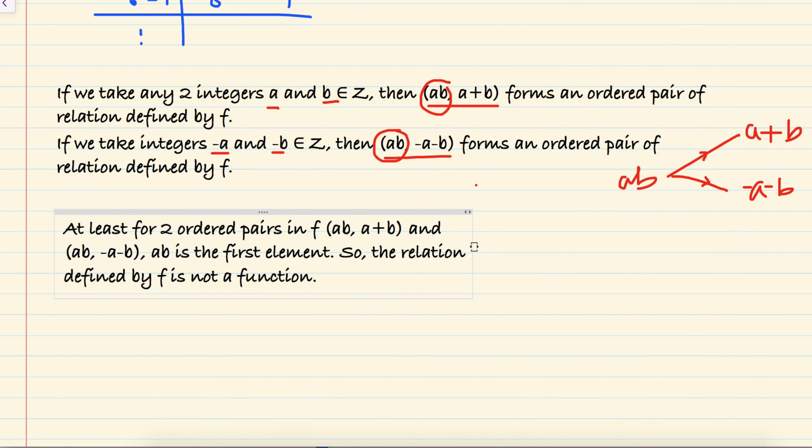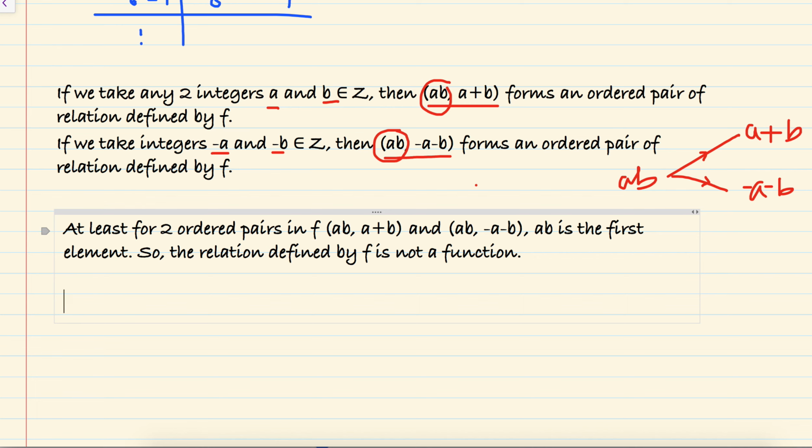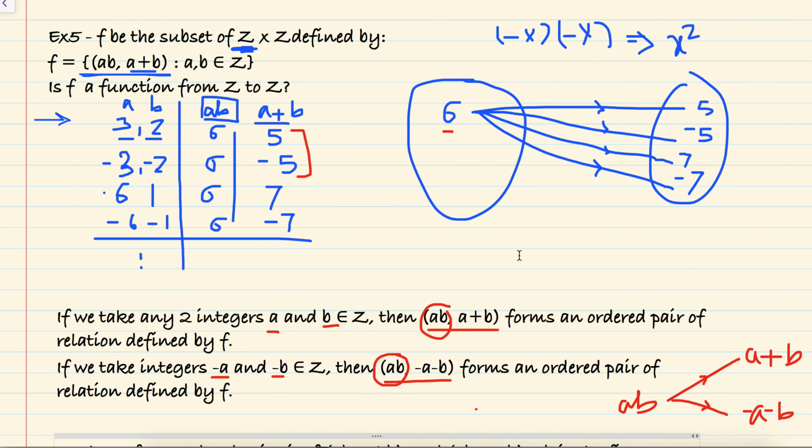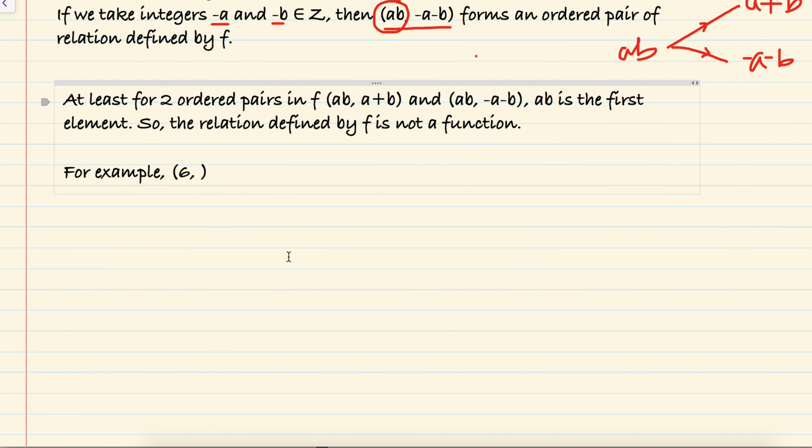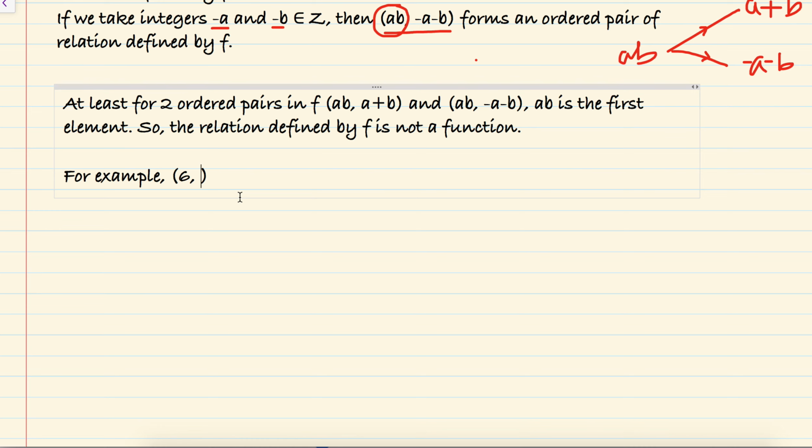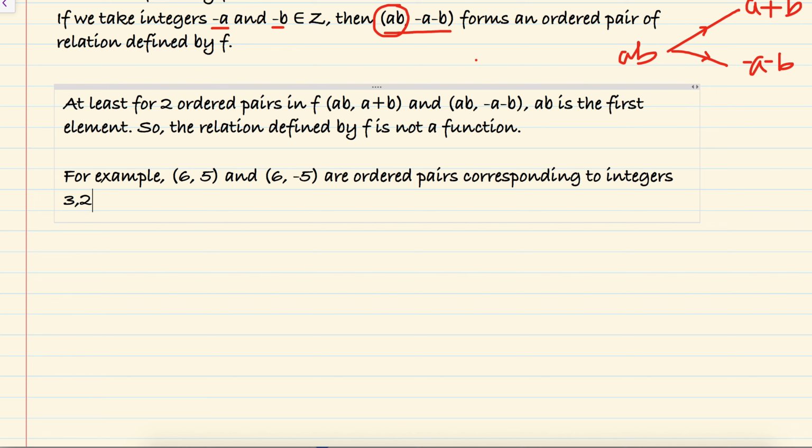After writing this statement, we can also write, for example, 6 5 and 6 minus 5 are ordered pairs corresponding to integers 3 2 and minus 3 minus 2.